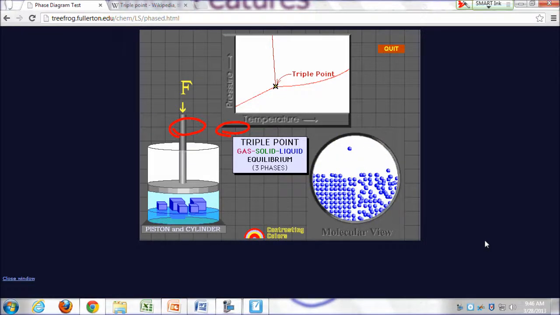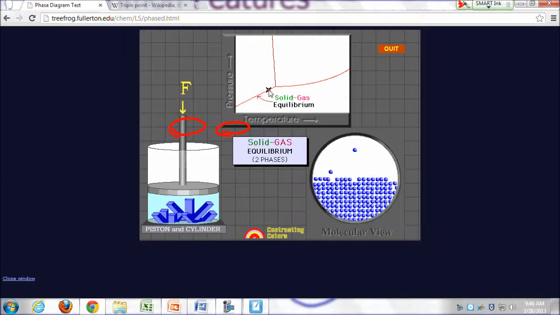That's characteristic of water. What happens if you cool it some more? Then your liquid will disappear. You will now have just solid and gas at equilibrium. So this curve right here is the curve that represents all conditions where your solid will be in equilibrium with a gas.